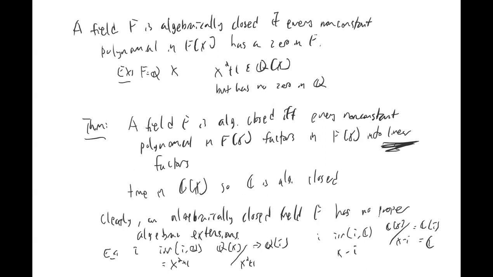So let's move on. I'm not going to prove this, but I might go over this next time. I don't think it's that important, but do all fields have an algebraic closure?